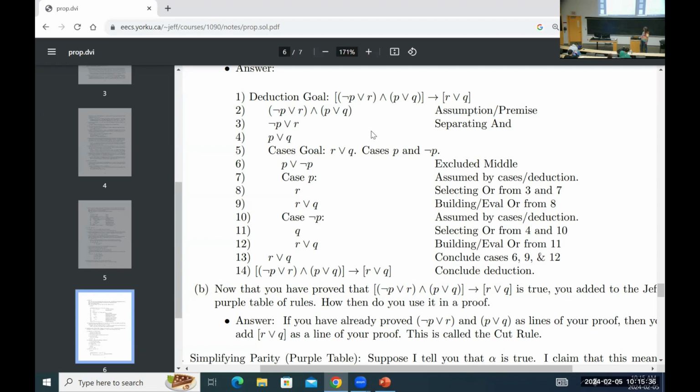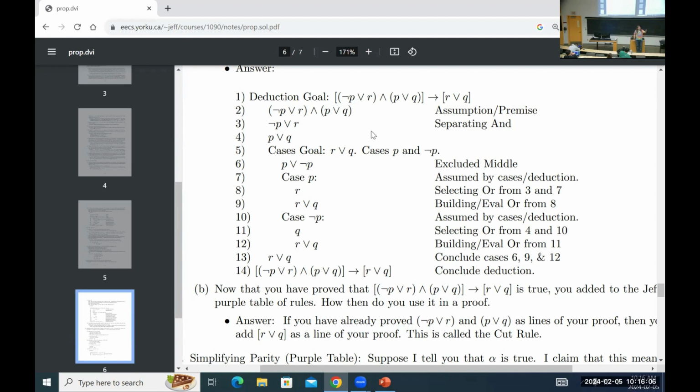All right, so to prove by cases, we have to have three statements, right? The one statement is the or of our cases. So how do we get the or of our cases? Well, it's P or not P. How do we know P or not P? Excluded middle gives it to us, right?